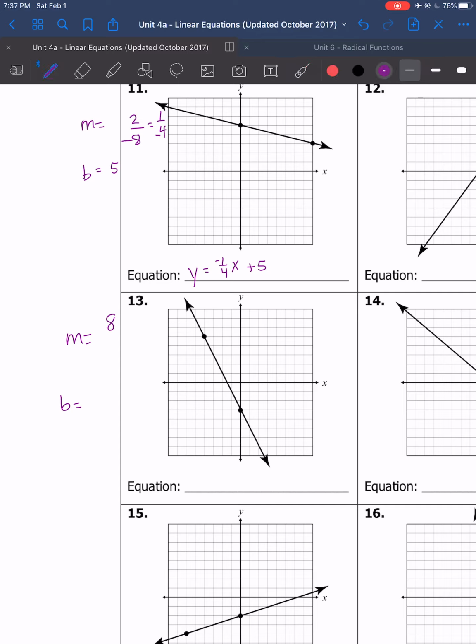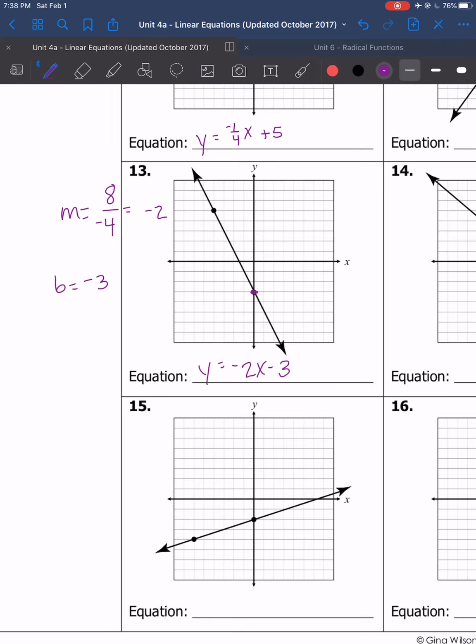I rose 8. And I'm running left: 1, 2, 3, 4, running left. So that's going to be a negative. 8 over negative 4 is a negative 2. And my b is this point right here, which is negative 3. So y equals negative 2x minus 3.